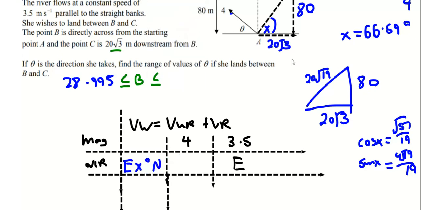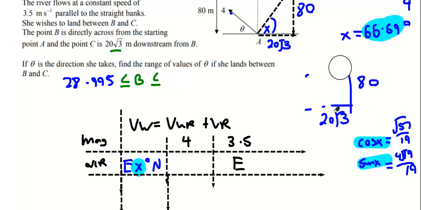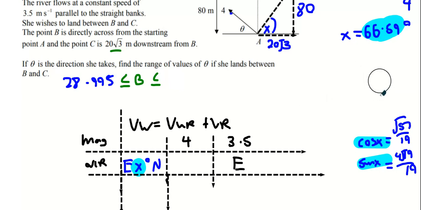We actually know what x is. X is 66.59. But we also know the exact value of cos x and sin x if we were to need it. Okay, now, we know the direction the woman goes in. The velocity of the woman goes this direction here at an angle x. No bother.